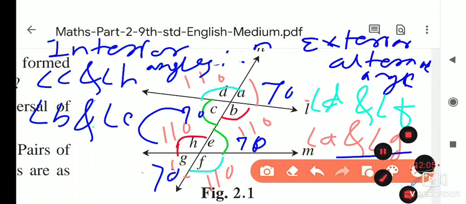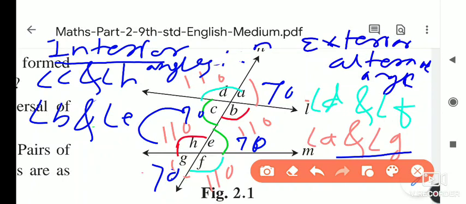And the property is angle C plus H is equal to 180 degrees, 110 plus 70 is 180 degrees. Then B and E, 110 plus 70 is also 180 degrees. From this we understand that the sum of interior angles formed by a transversal on one side is 180 and on the other side of the line it is also 180 degrees.